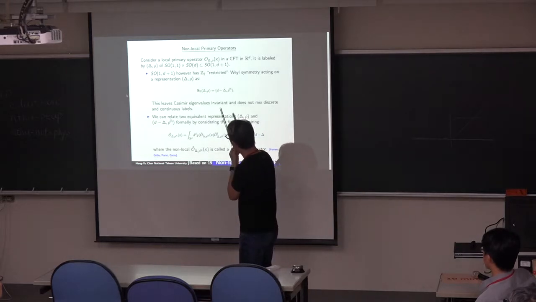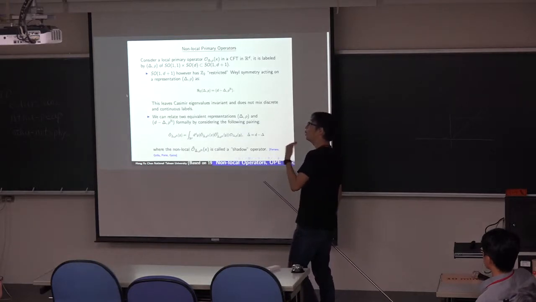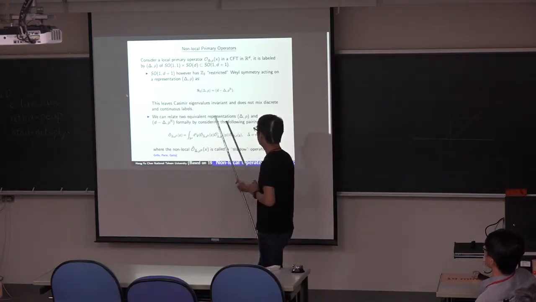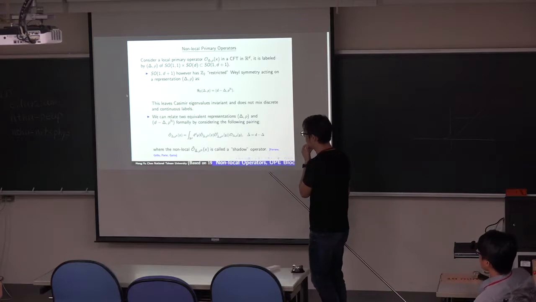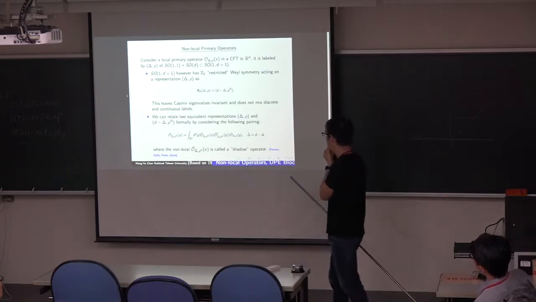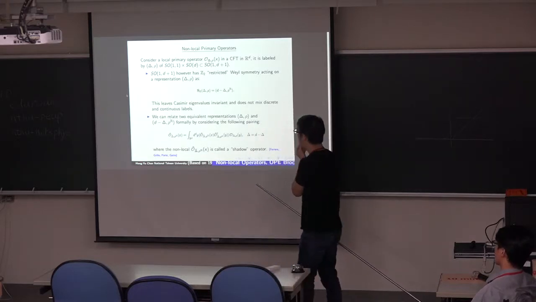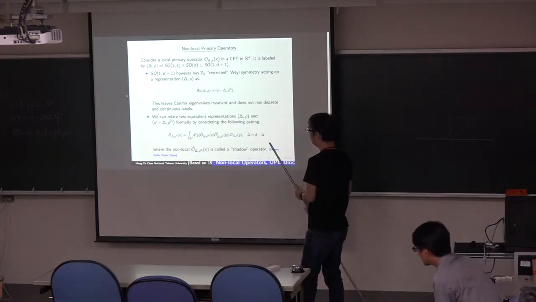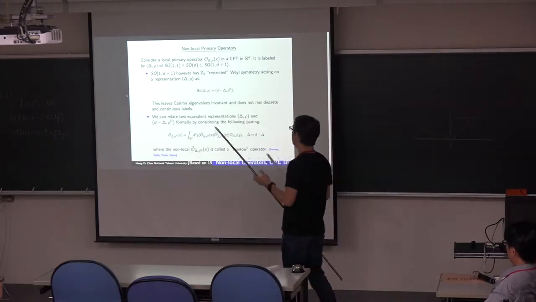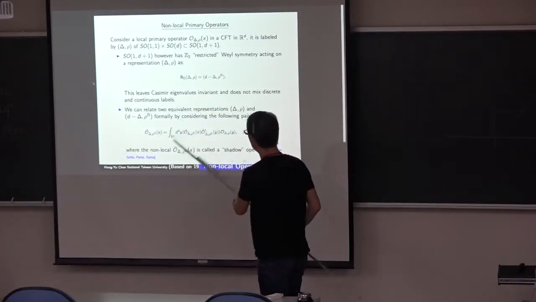So basically, in terms of group theory, since those two have the same Casimir eigenvalue, they are actually equivalent representations. So there should be some kind of linear map that relates those two different kinds of representation. This was actually considered in the beginning of conformal field theory, in the classic paper by Ferrara, Grillo, Parisi, and Gatto, that we can introduce such a linear map and formally consider the two-point function which we will obtain from this new type of operator, and perform the following coupling.